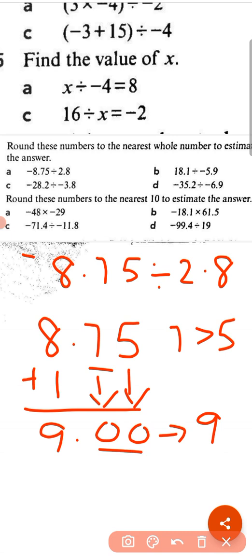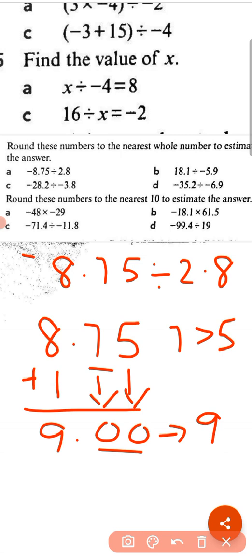Okay. So children, here we are rounding the given number to the nearest whole number. So 8.75 becomes 9. Check the 10th place, the first place after the decimal.